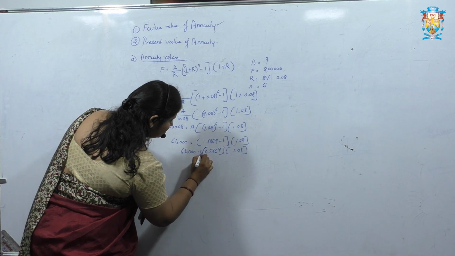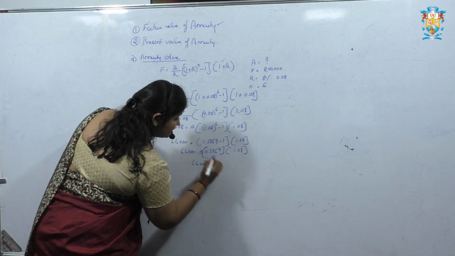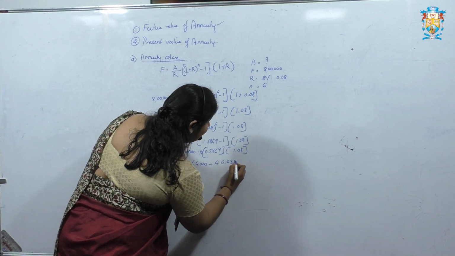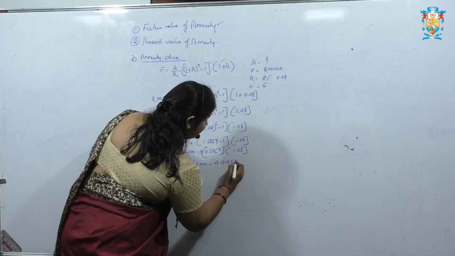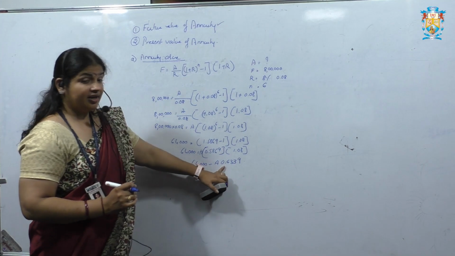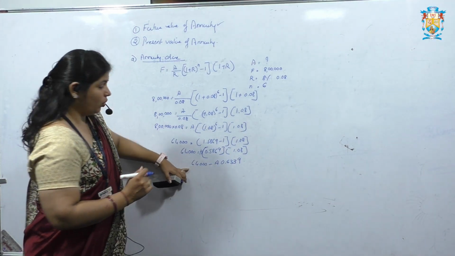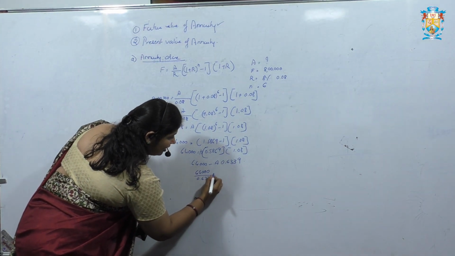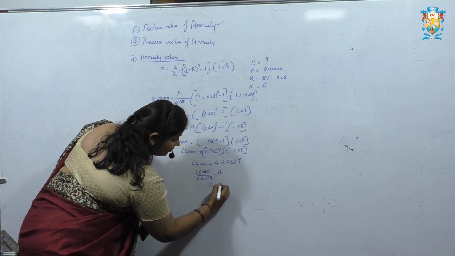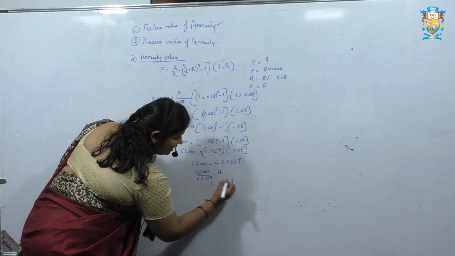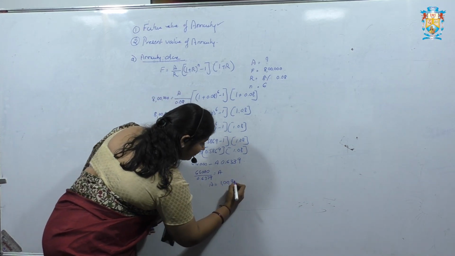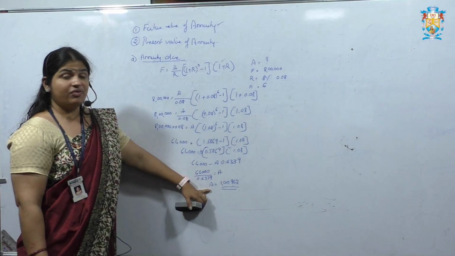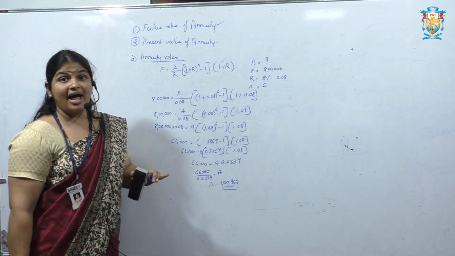So 64,000 is equal to A into 0.639. Don't miss A. When it crosses the equal sign, it will be 64,000 divided by 0.639 is equal to A. So your answer will be 1,962, and this is the answer of A, the maturity value of A under annuity due.